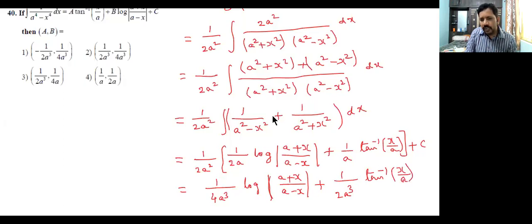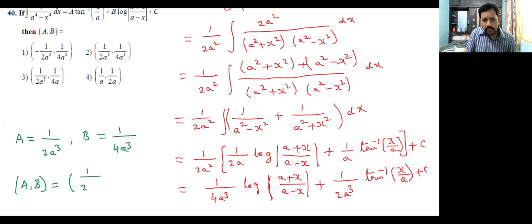Observe the question and answer. What are the a value and b value identified? The tan inverse coefficient is the a value, that is 1 by 2a cube, and the log coefficient is the b value, 1 by 4a cube. Finally, what is a comma b? Which option is correct?